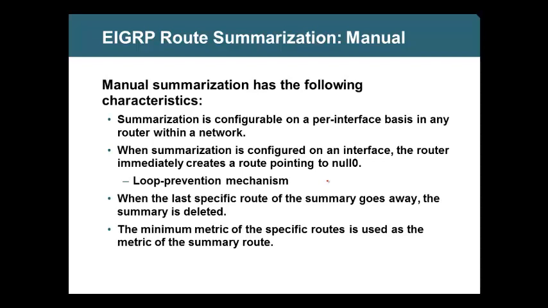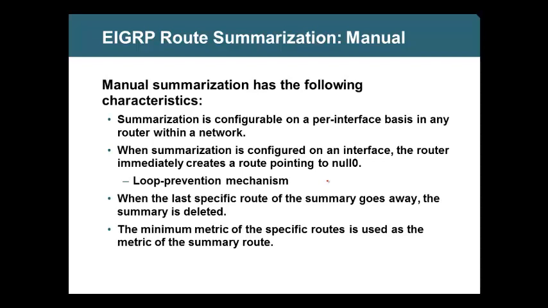So what happens is, when you configure manual summarization on an interface, a route will be created for that summary and it will point towards a null interface, which prevents the loop.